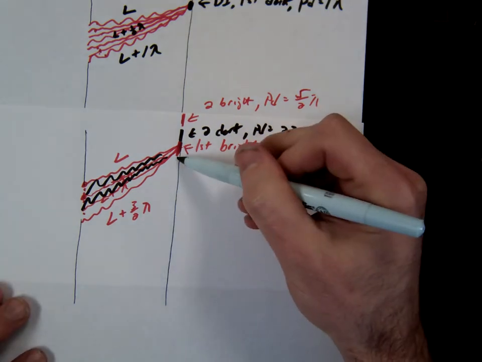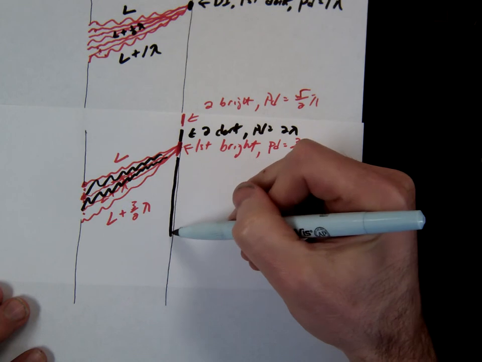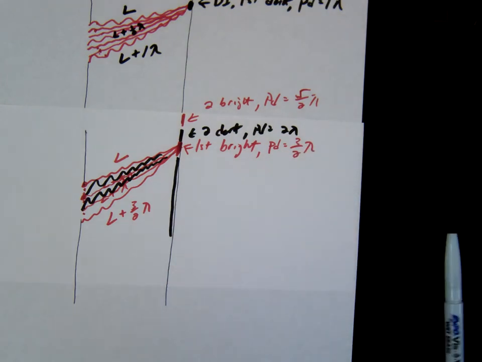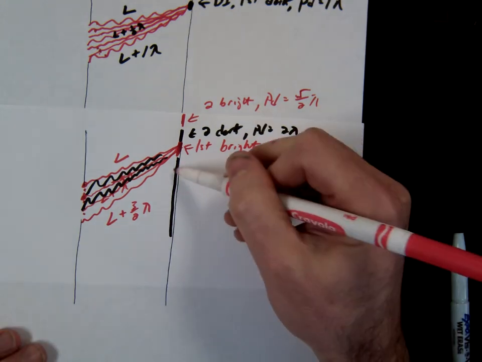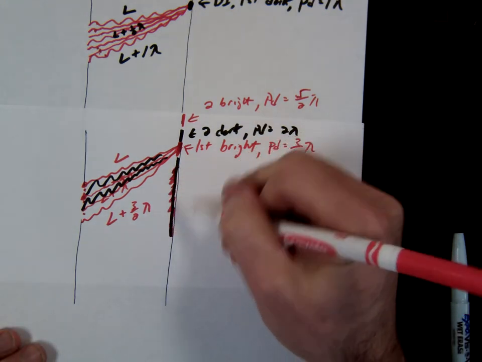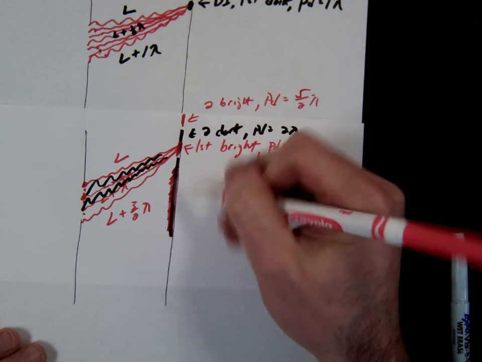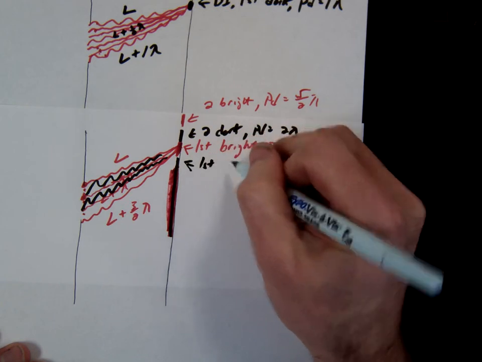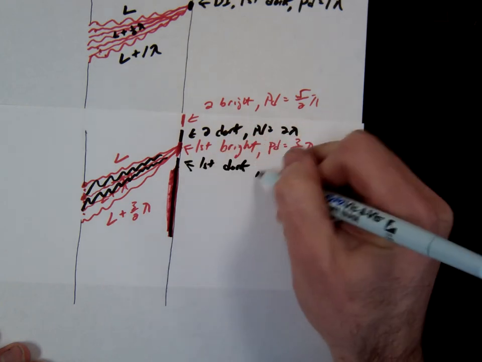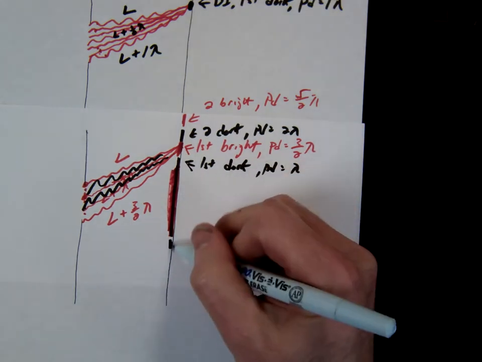Now, notice the central one is much, oops, I drew the wrong color there, didn't I? So here's our first dark. So this is the central bright. This was our first dark from the other page. And you have a large central bright spot, and then it starts alternating. Dark, bright, dark.